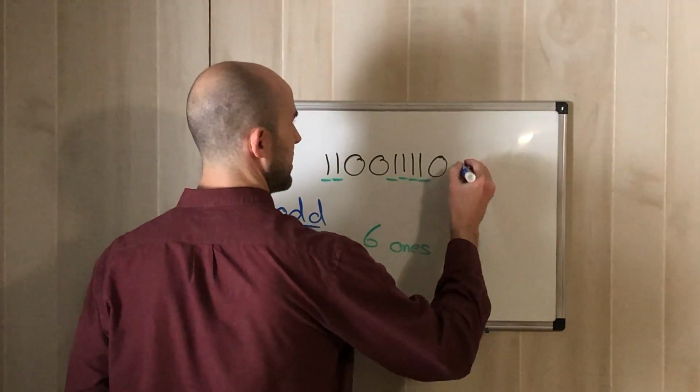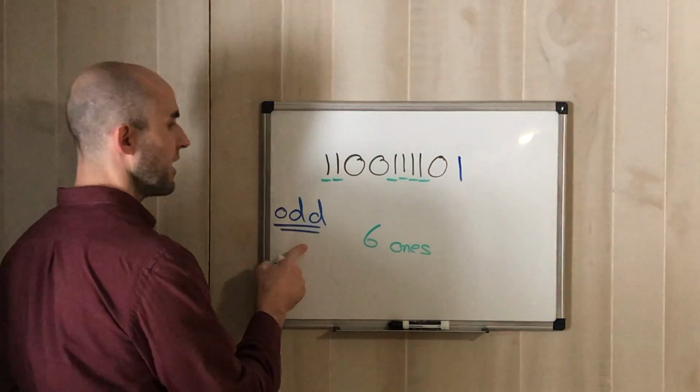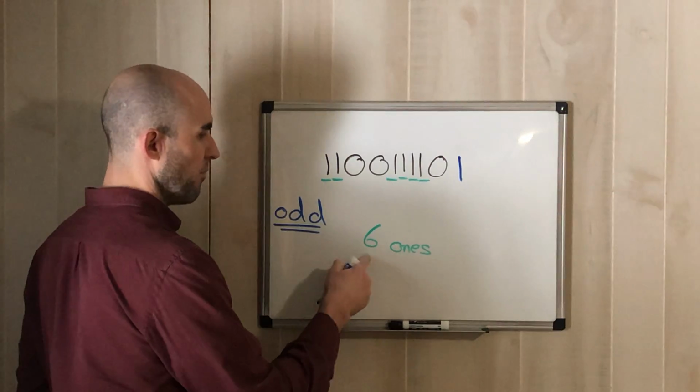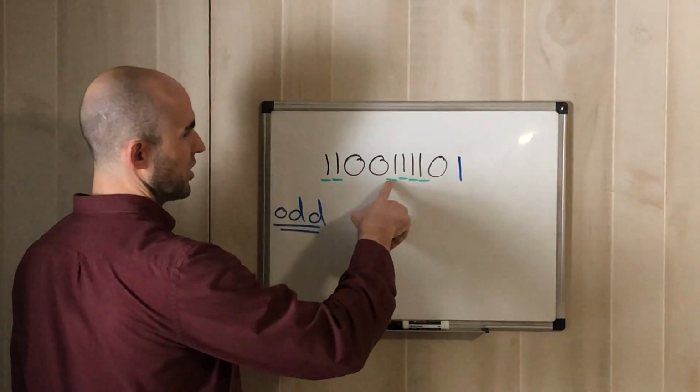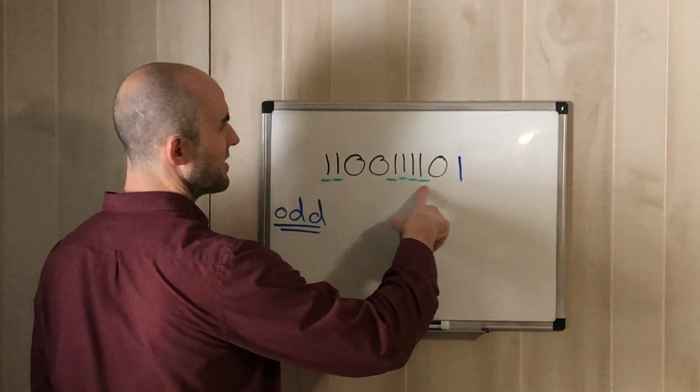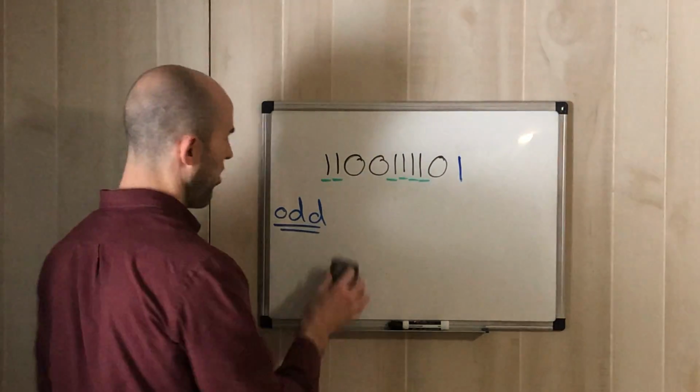And the reason that it has to be a 1, we want it to be odd. We had an even number. So now if we check it, we have 1, 2, 3, 4, 5, 6, 7. 7 ones, 7's an odd number. It's what we wanted, right?